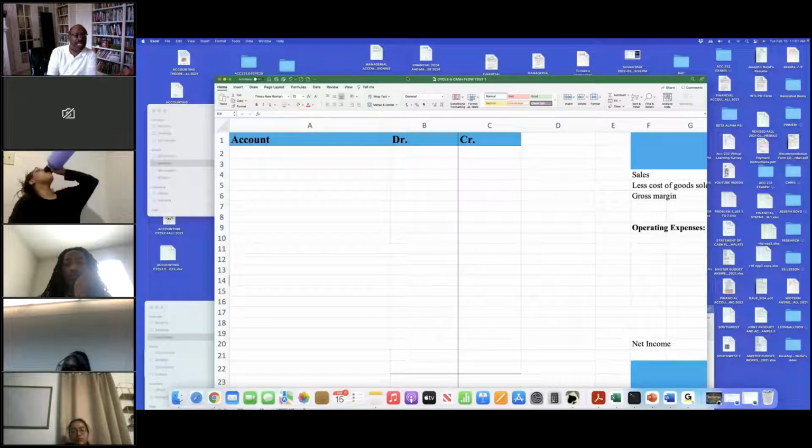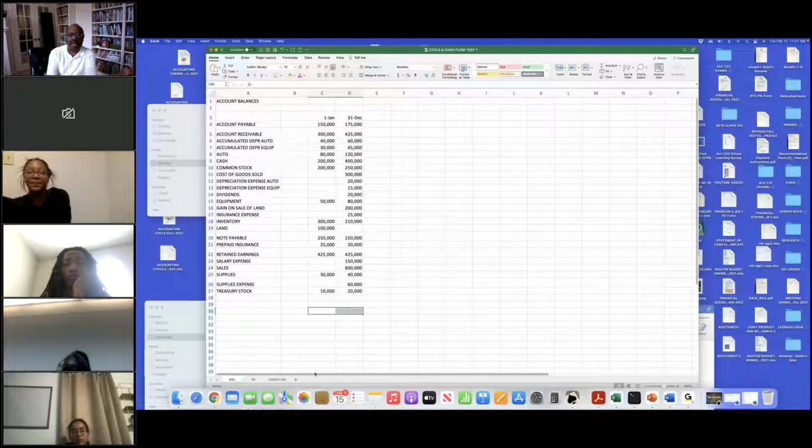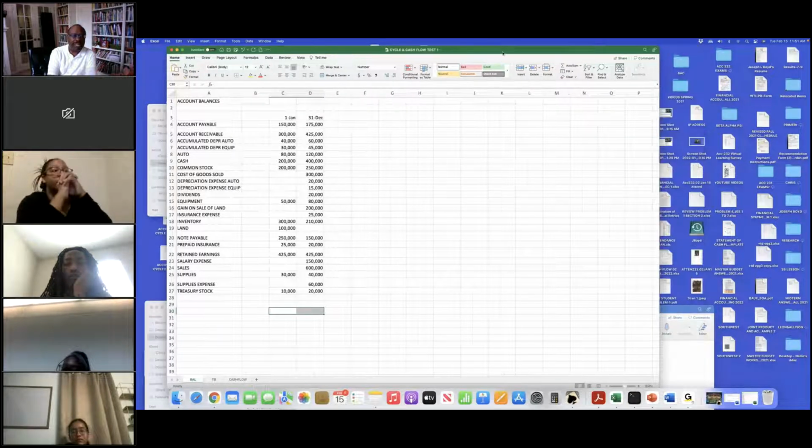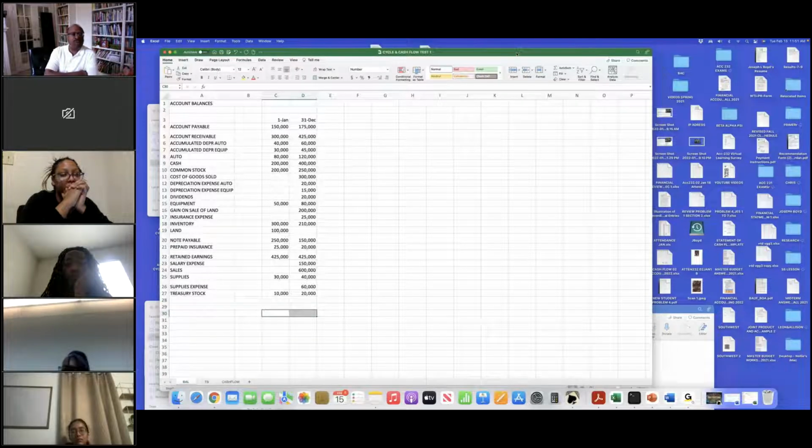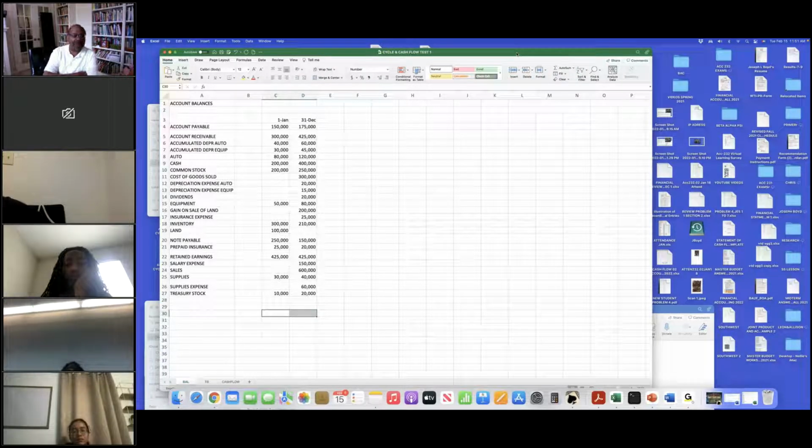Okay, so let's look at the study problem that you have. The purpose of the study problem is to review what we've done. So we're reviewing the whole semester, which includes Principles 1. On the A test, you've got two columns, your January 1st numbers and your December 31st numbers. Now let's go to this trial balance.